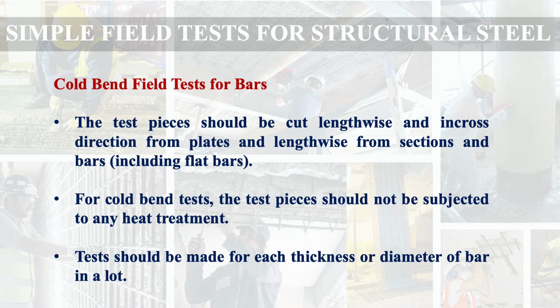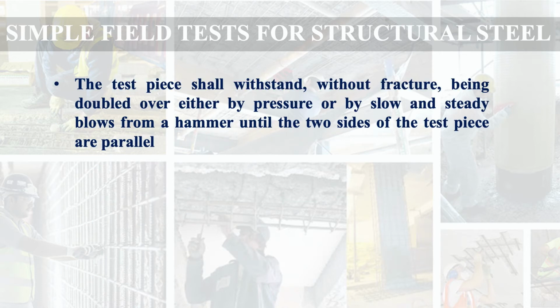Test should be made for each thickness or diameter of bar in a lot. The test piece shall withstand without fracture, being doubled over either by pressure or by slow and steady blows from a hammer until the two sides of the test piece are parallel.